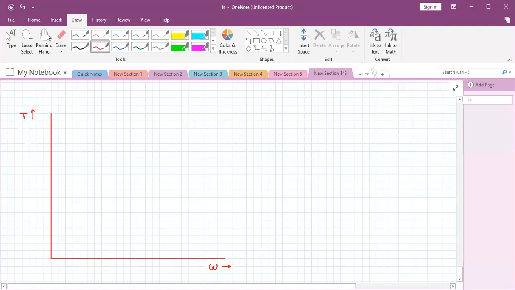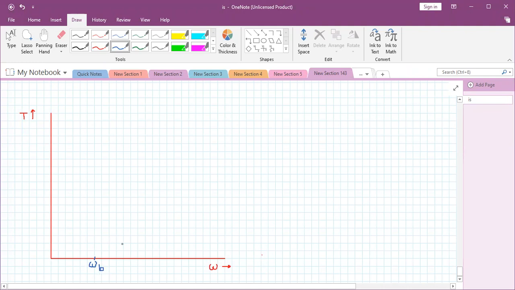Now consider there is some base speed, say for example omega b. That is my base speed.